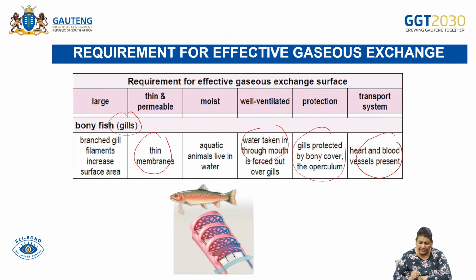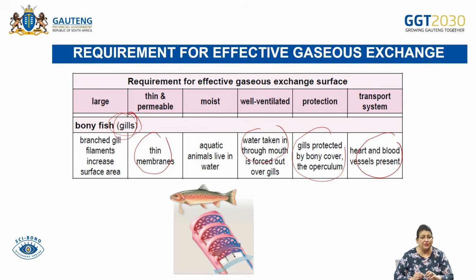Water is taken through the mouth and forced through the gills. So from the water that's in the mouth, oxygen will diffuse to the gills, from the gills into the blood, and from the blood to all the cells in the body. So here diffusion does not occur across the fish body, but occurs through a special system called the gills and the gill slits.